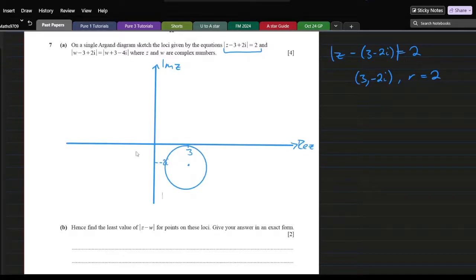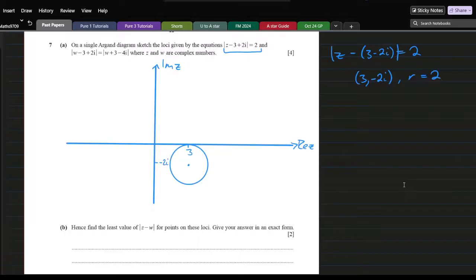Alright, let's shrink it slightly, it's a bit too big, and then let's see if we can make it look decent. Alright, so there's our circle with center 3, -2i and a radius of 2 units.